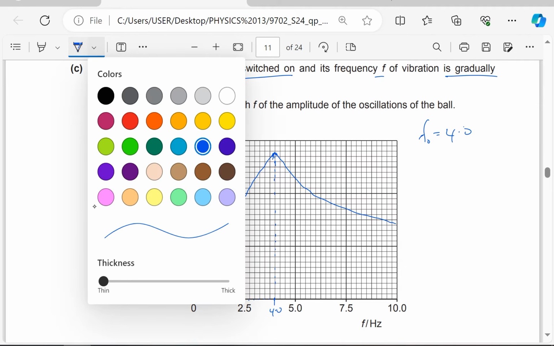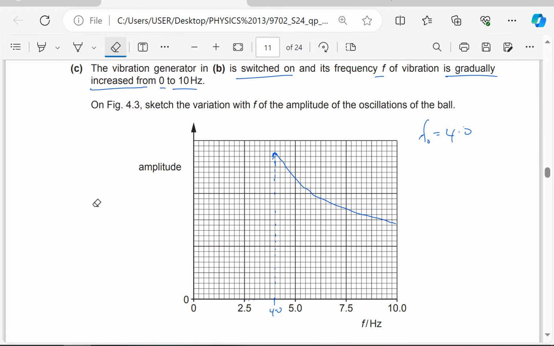I think this would be better as long as it doesn't touch the x-axis. I'm trying to avoid having maximum amplitude at more than one frequency. I want maximum amplitude to only be at 4.0.